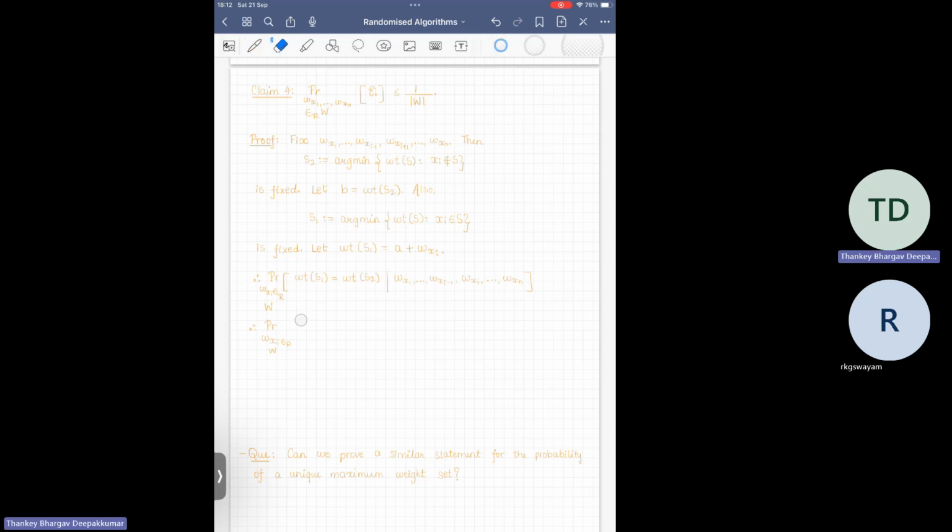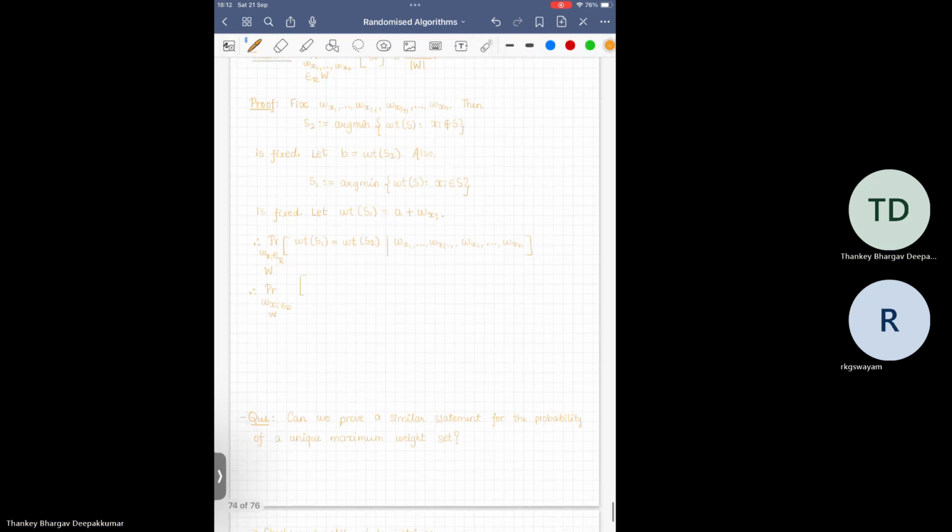So what's the weight of S1? W x_i equals B. So this probability is the same as this, right? And what is the probability of this happening?